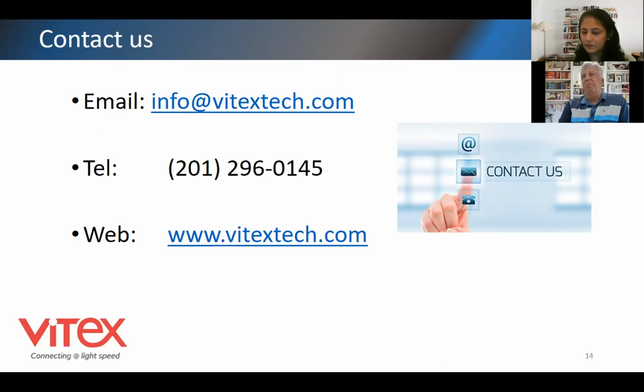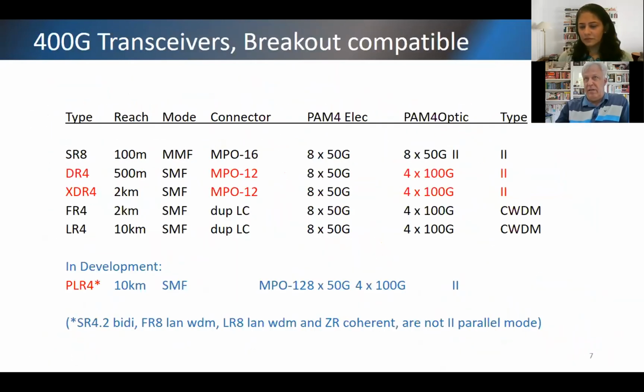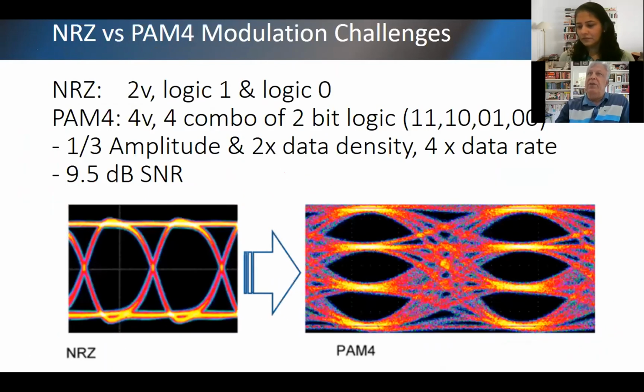You can put more data down the pipe. You can see that there's additional steps. Instead of having a 1 or a 0, you've got 00, 01, 10, and 11.